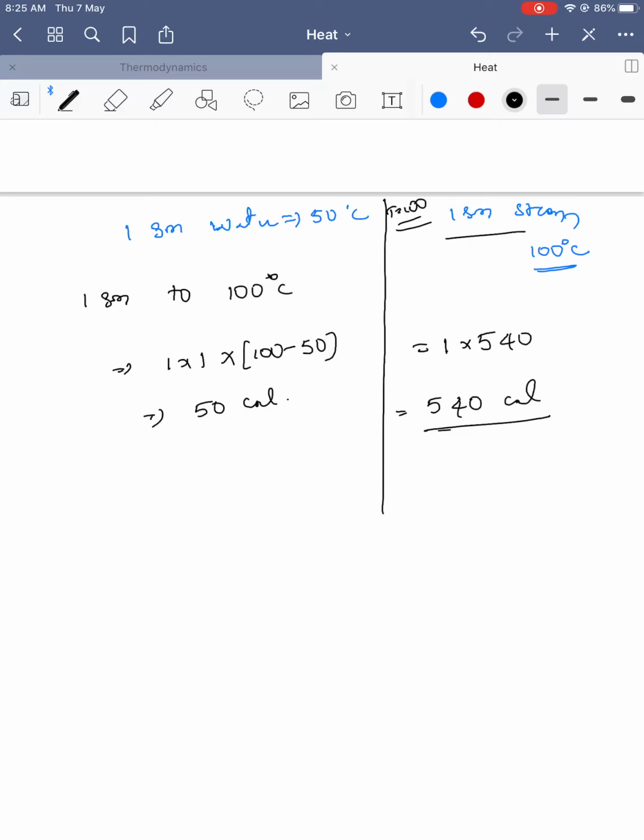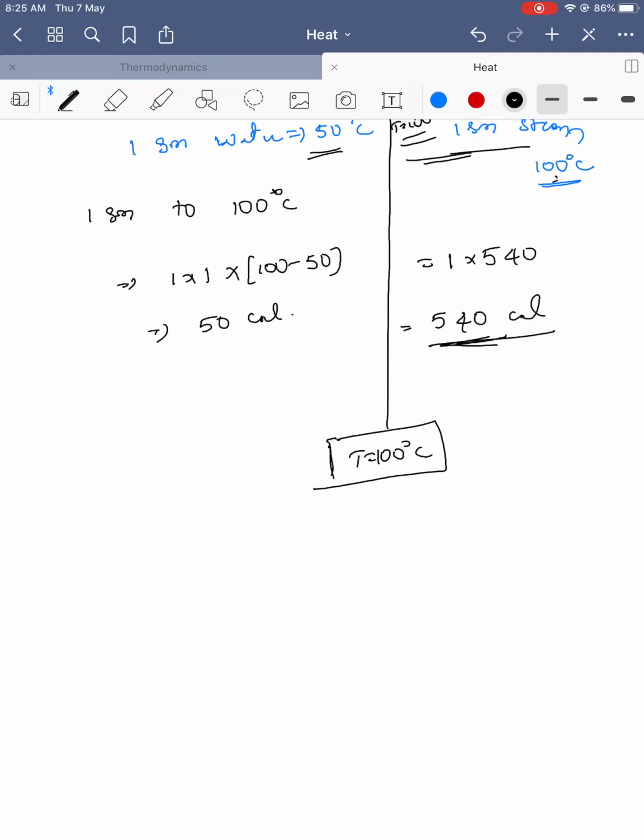We can supply more than 50 calories to the water. Since the steam temperature is higher, the intermediate temperature will be 100 degrees Celsius for sure. Why? Because at 100 degrees Celsius it can supply more than the energy needed to bring the water from 50 degrees Celsius to 100 degrees Celsius, right? So they will come to 100 degrees Celsius, that is certain.